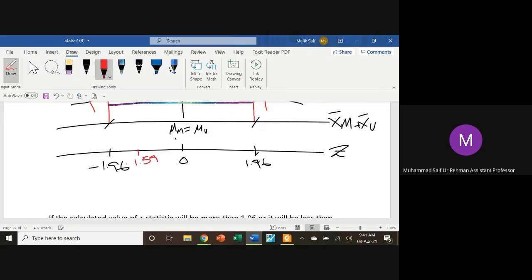1.59 with negative sign. Okay, so as values are getting near to 0, they are becoming larger. So minus infinity will be to the left side. Let's say minus 10 is there, so minus 10 will be less than minus 1.96 because that will be to the left side.